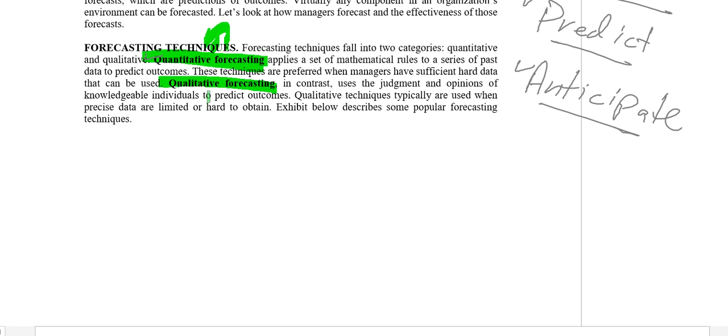In qualitative, we do not use statistical and mathematical models and tables and formulas, but we make decisions or we forecast things on the basis of knowledge and experiences.